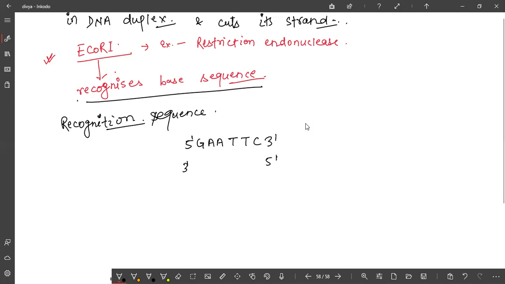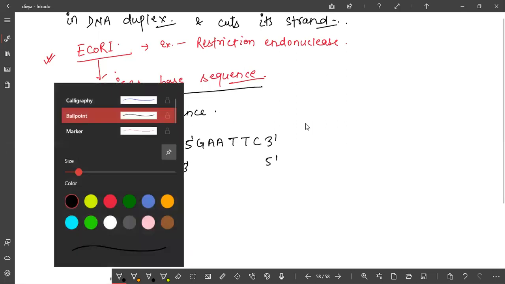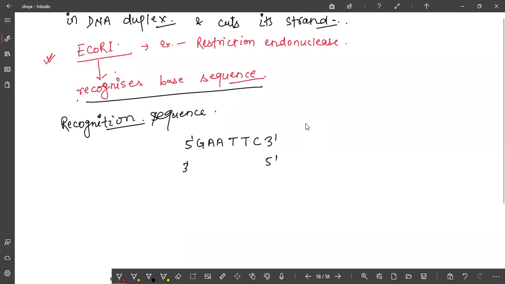Okay, and again, you know the pairing of DNA. Have you any idea about the pairing of DNA? Adenine pairs with which base? A pairs with T. And G pairs with what?